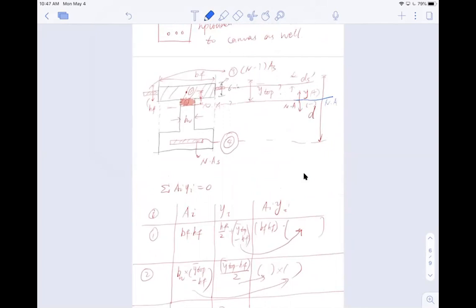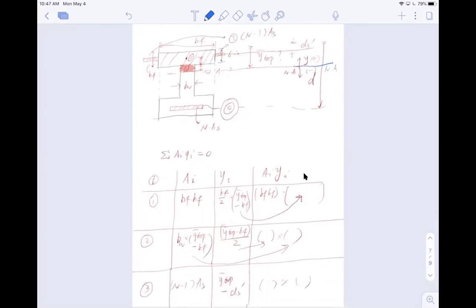So that subtracts away from your total moment of inertia for the cracked section? No, Sean. Try to see from my label system here. You have a yi, right? This is defined as the distance from the center of this area to the neutral axis.